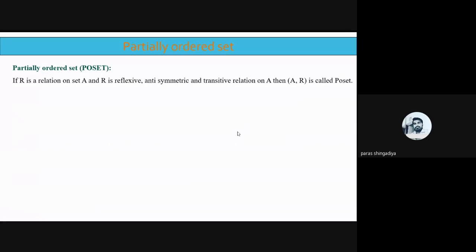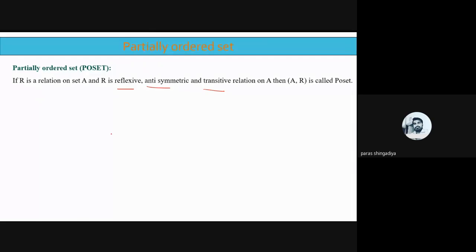If R is a relation on set A, and if R is reflexive, antisymmetric, and transitive. In the equivalence relation, you have to check reflexive, symmetric, and transitive.